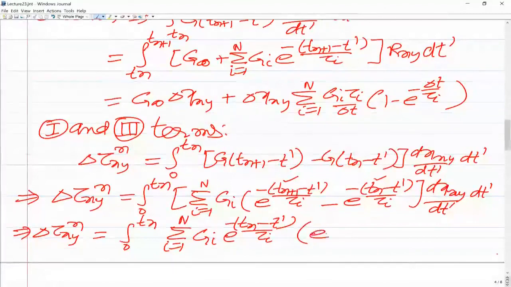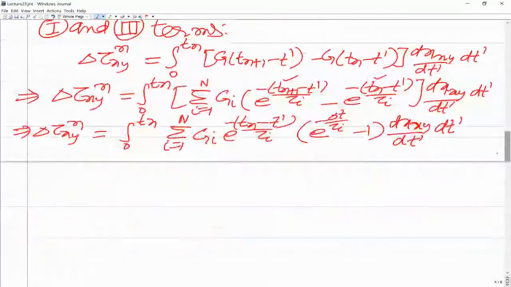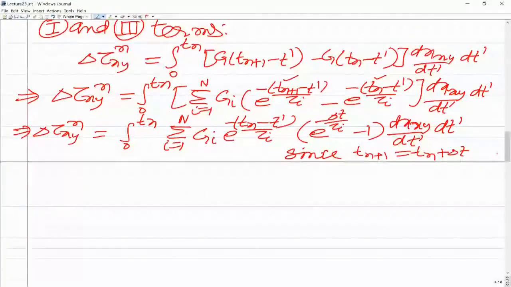So we get e to the power minus delta t upon tau i minus 1, into d gamma xy by dt dash into dt dash. We are able to write it like this since tn plus 1 is equal to tn plus delta t.